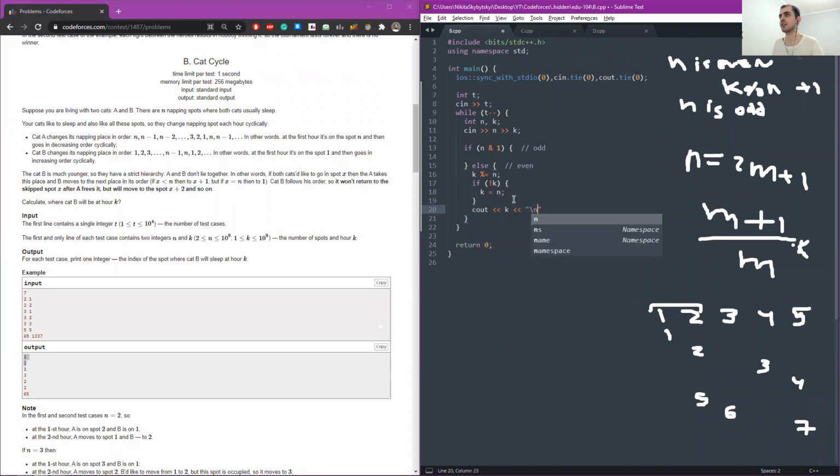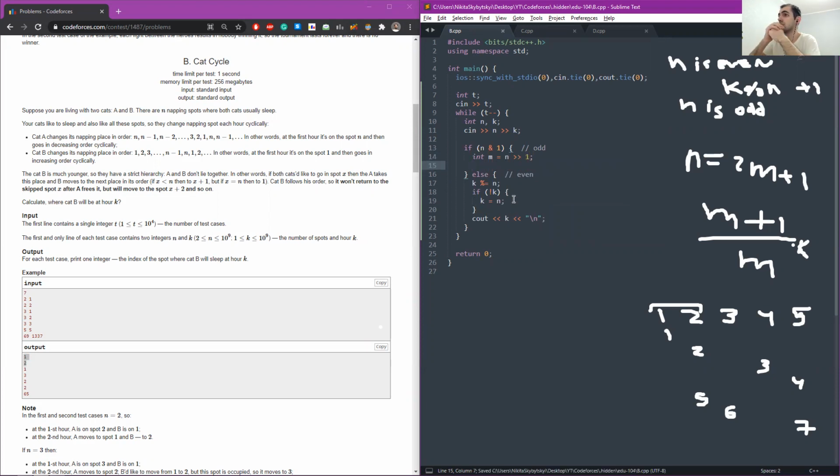So here we just output this. Here, however, we would like to take m. Now, what we can do is take the quotient and remainder of k divided by m.